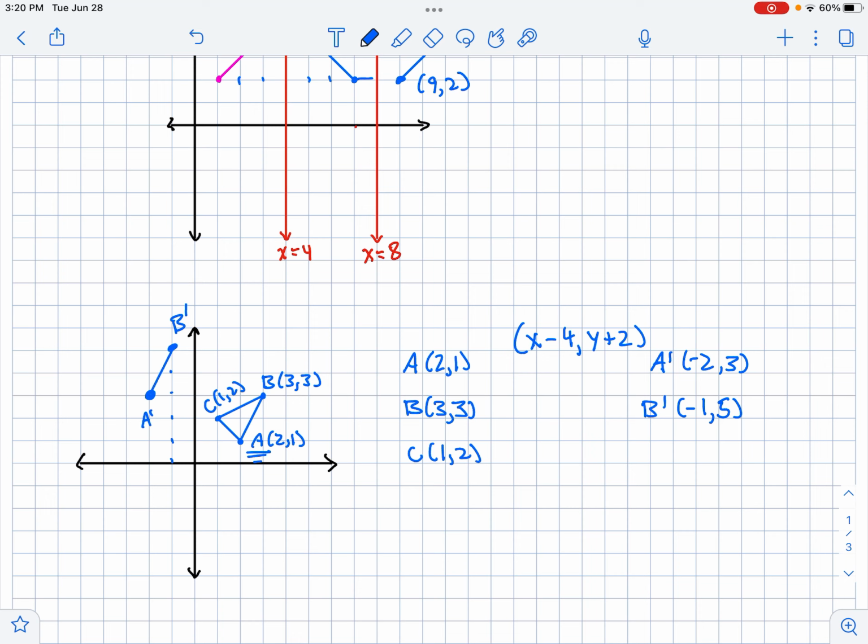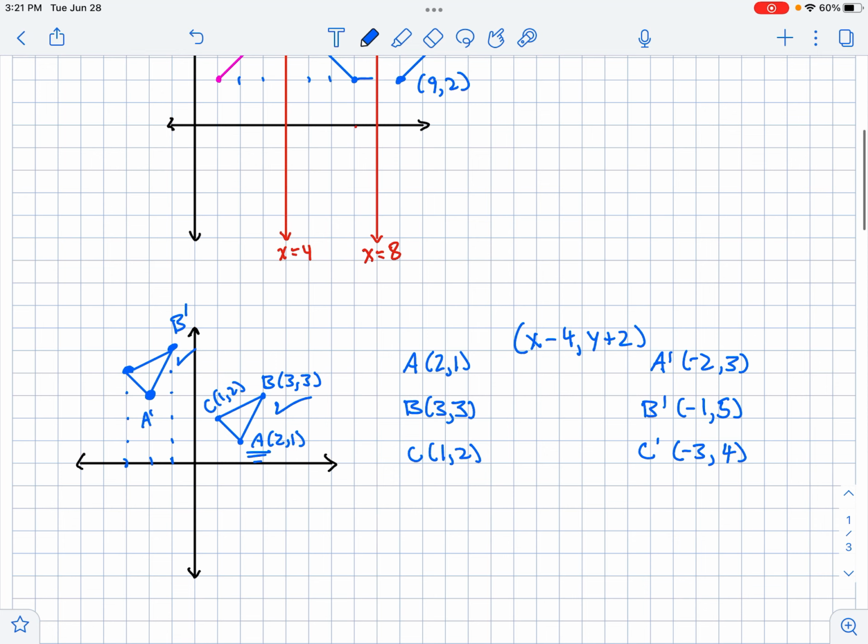Now, to get C prime, I subtract 4, so I'm going to get negative 3. And I add 2 to the 2, and I get 4. So I get this point: 1, 2, 3, negative 3, and up 4, 1, 2, 3, 4. Okay, so there we go. So there's the pre-image here, and there's the image.